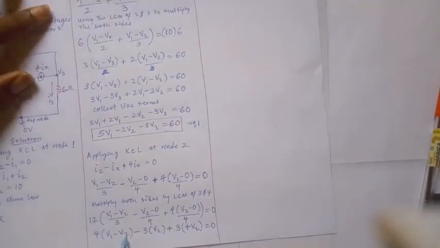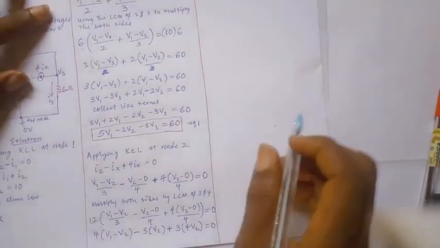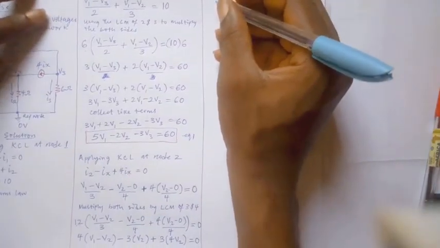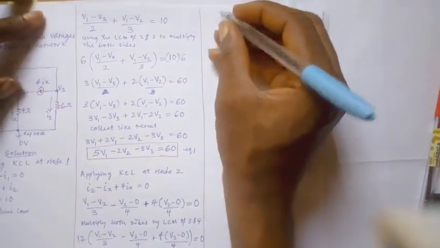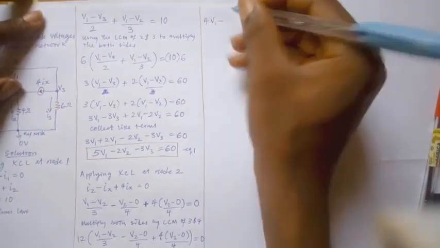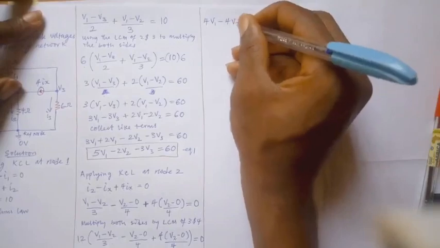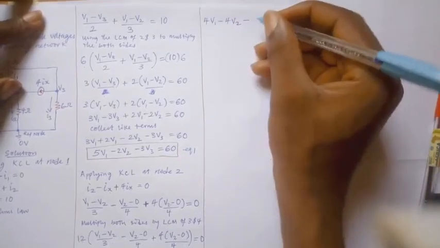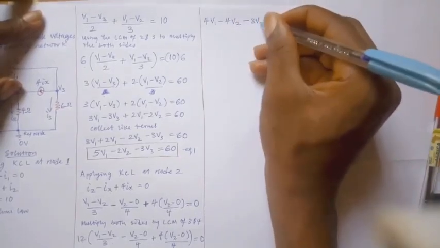We now say this 4 V1, you will now multiply it. It will be 4 V1 minus 4 V2 minus again 3 V2.